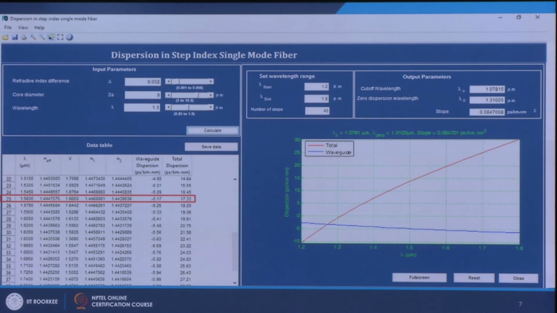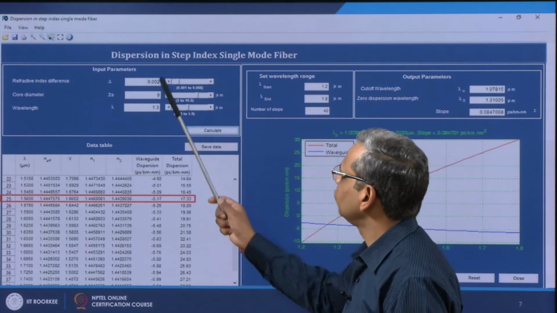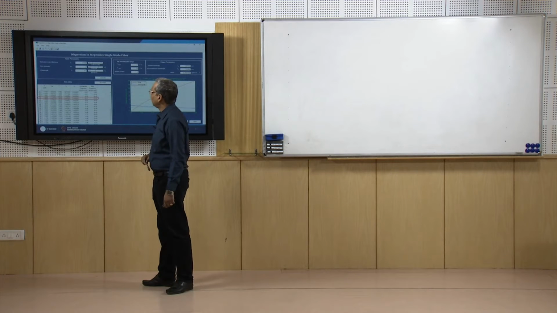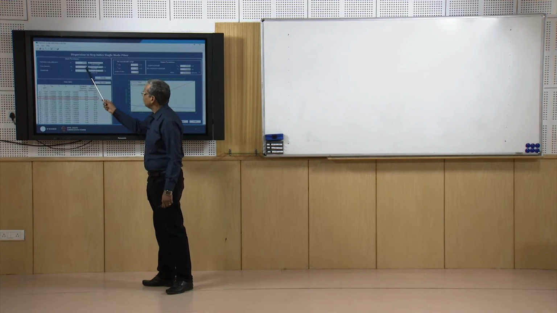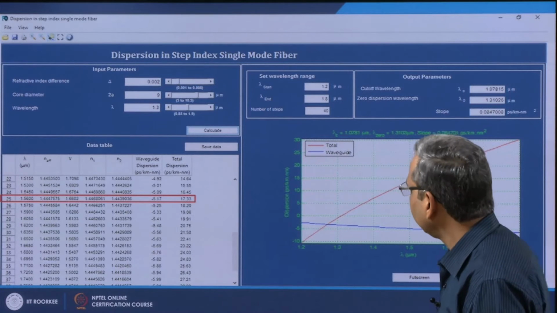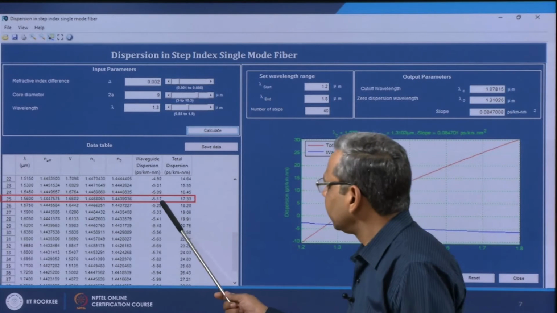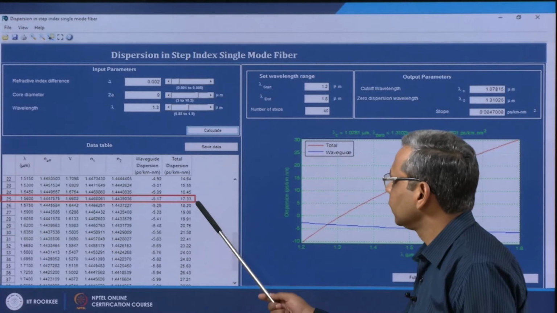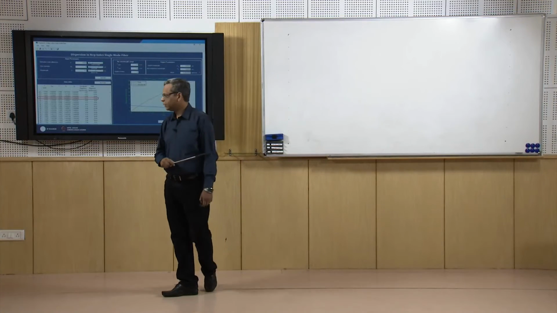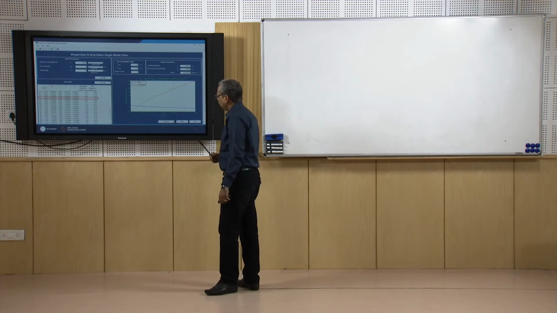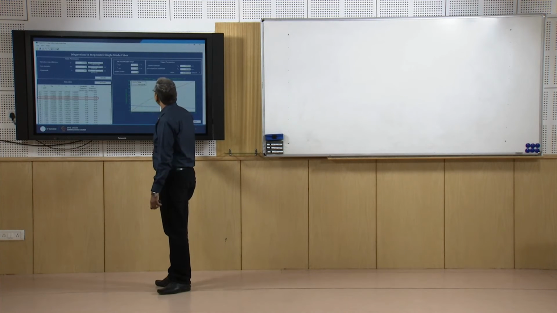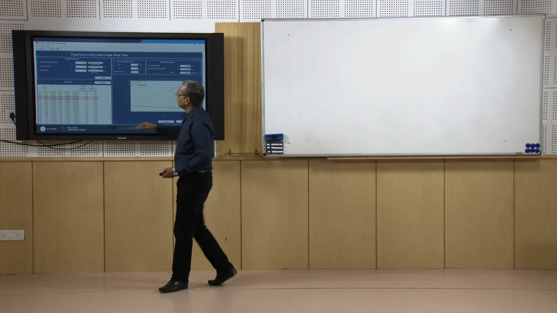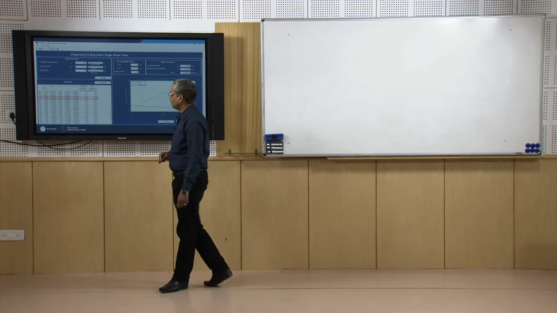If I change the fiber parameters, if I increase delta from 0.15% to 0.2% and change the core diameter from 10 to 9 micrometer, then what I see is that the waveguide dispersion increases to minus 5.17 and the total dispersion becomes 17.33, and the zero dispersion wavelength changes to 1.31 micrometer. So when I change delta and A, I change the waveguide dispersion.